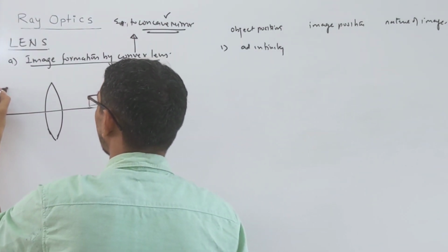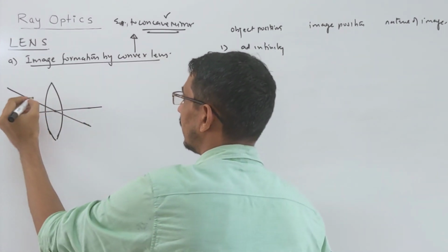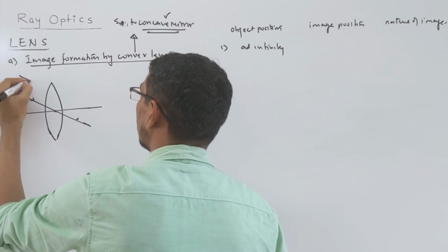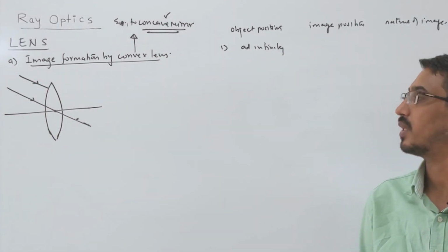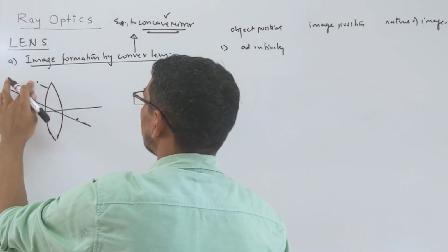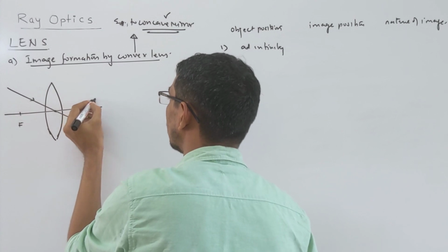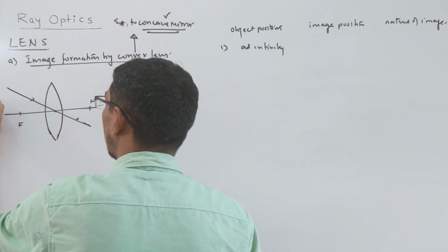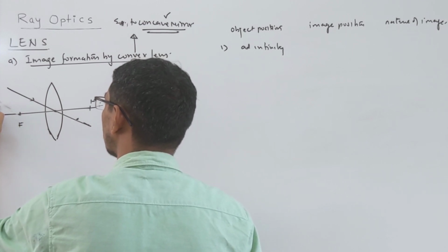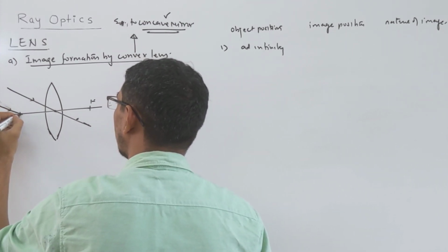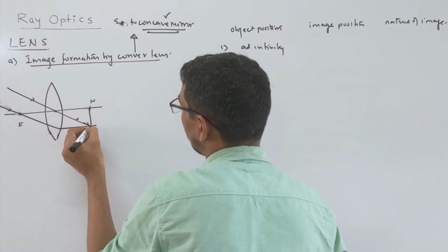One ray passes through the optical center and goes straight. I am drawing a little wrong, I should draw like this. Suppose this is a focus and this is the other focus. A ray comes parallel toward the focus, and after refraction it will meet on the other focus.